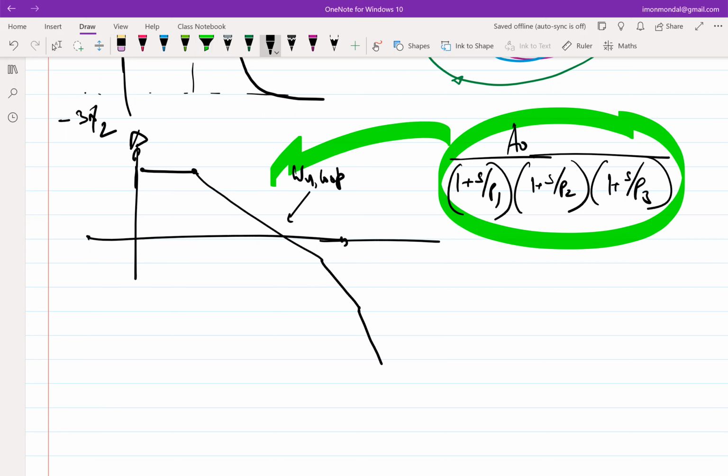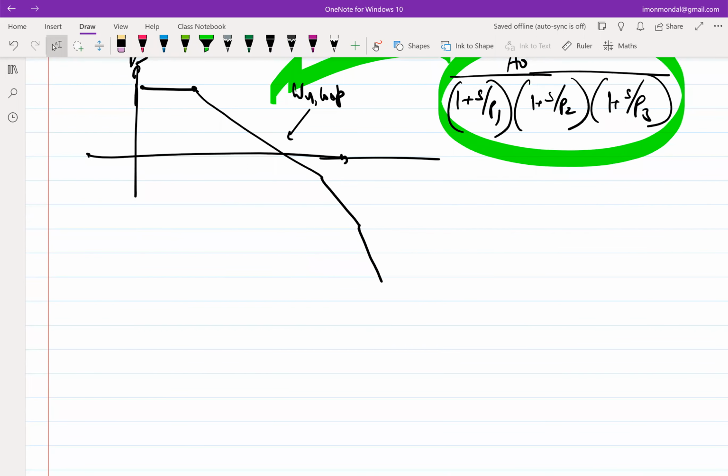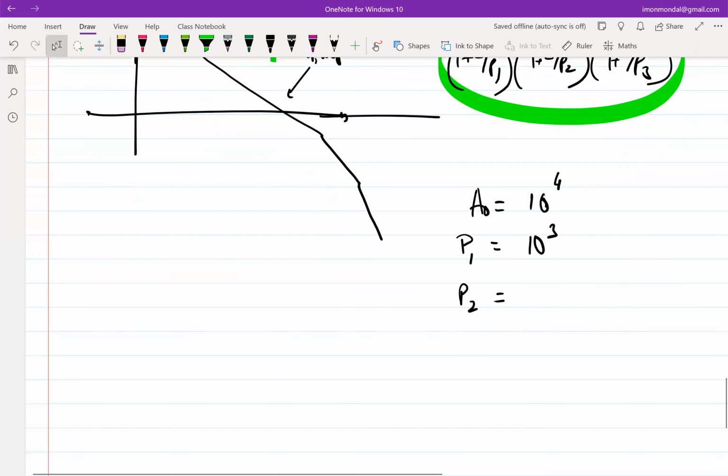Let's take an example. Let's say A naught is 10 power 4, P1 is 10 power 3, P2 is 10 power 8, and P3 is 10 power 9, in radians per second.